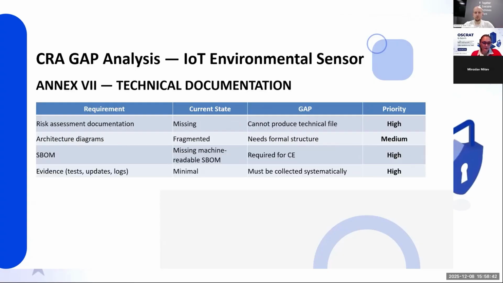And this is Annex 7, which defines everything you must include in your technical documentation for CE marking. This is often the most time-consuming part of CRA compliance, because everything from design diagrams to test results must be documented in a consistent way.